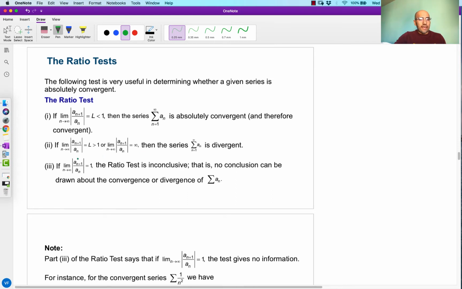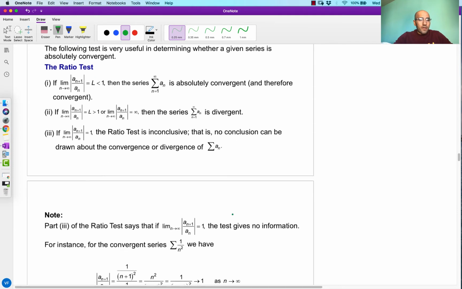The only hiccup here is if you do this and you get exactly 1, then this ratio test is inconclusive. That is, no conclusion can be drawn about the convergence or divergence. It might converge, it might diverge, right? So you either won't be able to figure it out, or that'll be a clue that you have to try something else because this one isn't giving you the information you need.